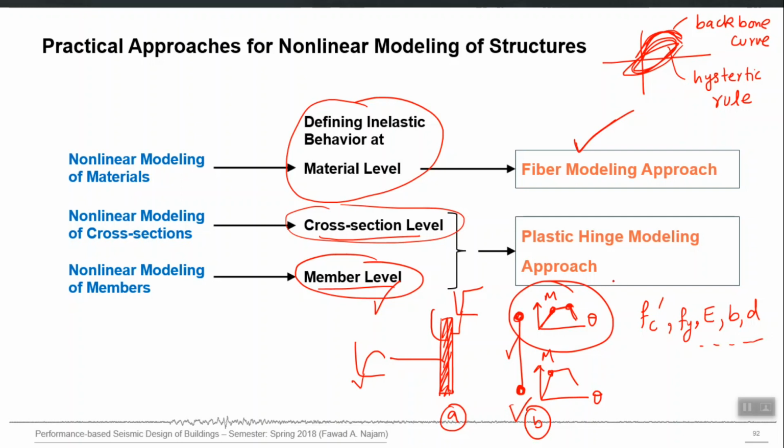This curve is, you can say, the whole lifetime of this member, which is telling you what will be the condition of this member or this column at different moments. It tells us at what moment it will yield, at what moment it will have its ultimate capacity, at what moment it will just collapse.